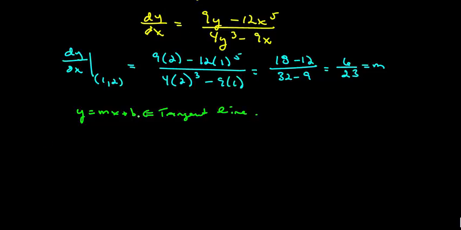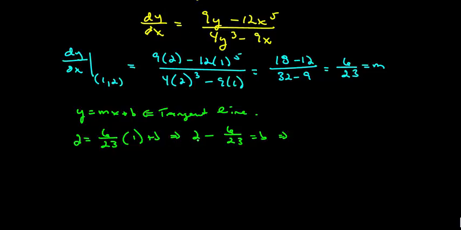Okay, so let's say I want to find that guy. Well, I know the m value is 6/23. I know the point (1, 2) is on the line, so 2 equals 6/23 times 1 plus b, which means that I've got 2 minus 6/23 is equal to b.